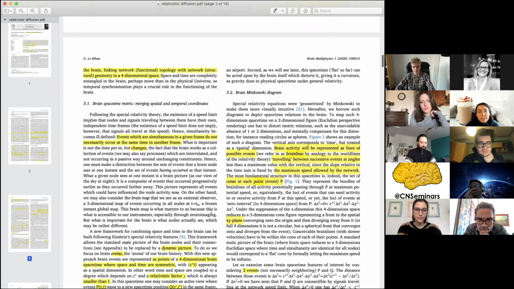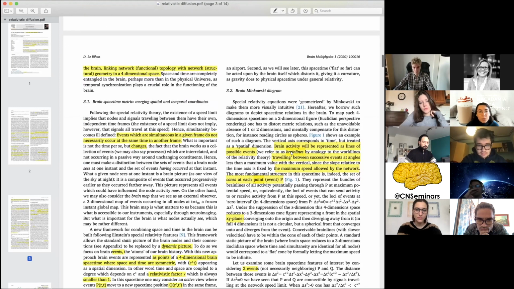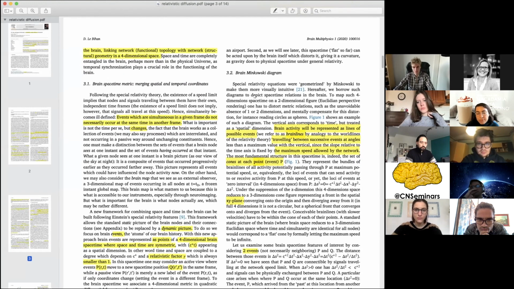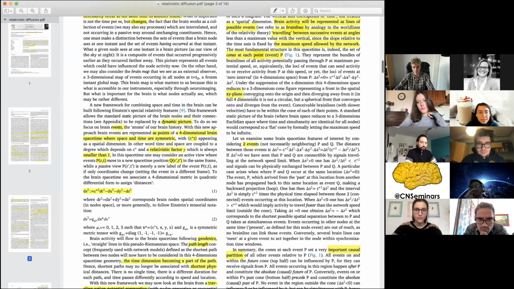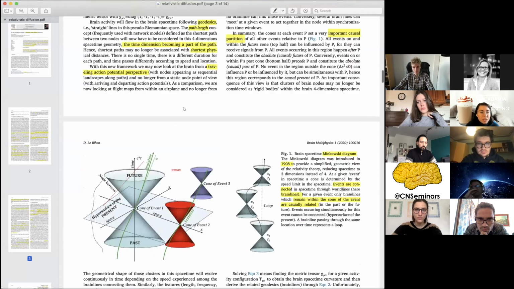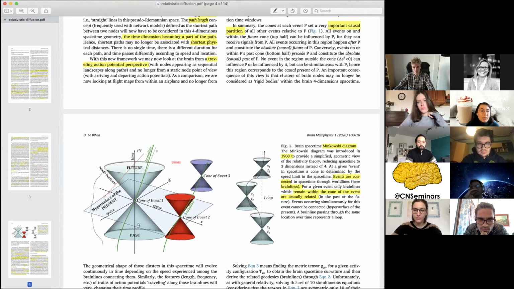And to do that in this paper he used the Minkowski diagram, which is a typical relativistic representation of events. So you have time in one coordinate, and here you have the space in x, y, and the brain line events, and these are the cones of events.